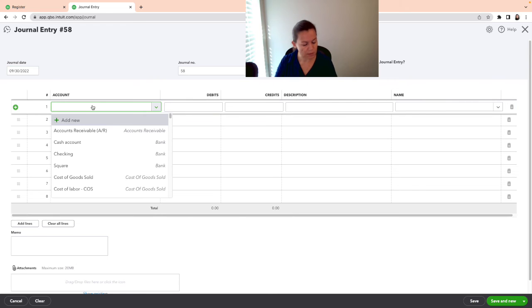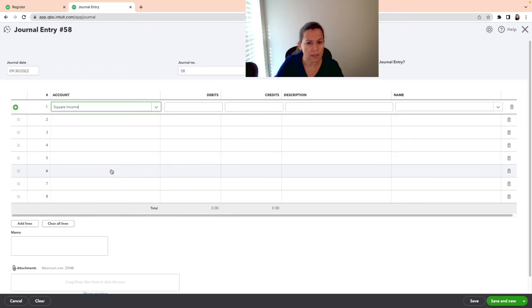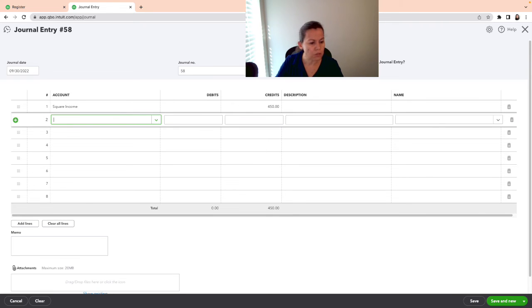So the total sales, let's suppose here that Square income for this was, oh, by the way, Square income goes as a credit, $450, right? So we need to get to that 380.57, which is right here.